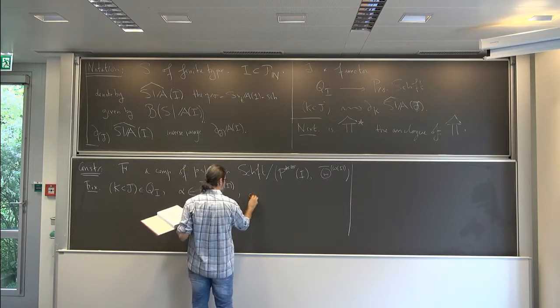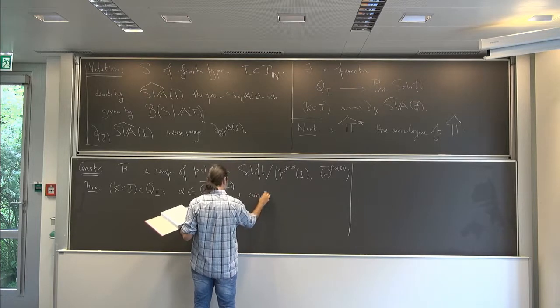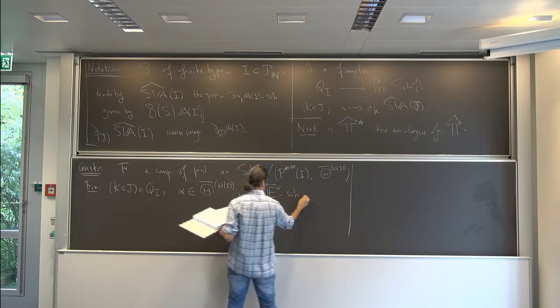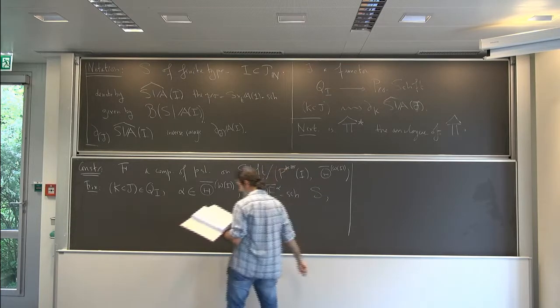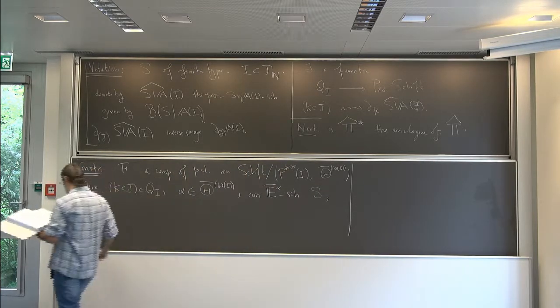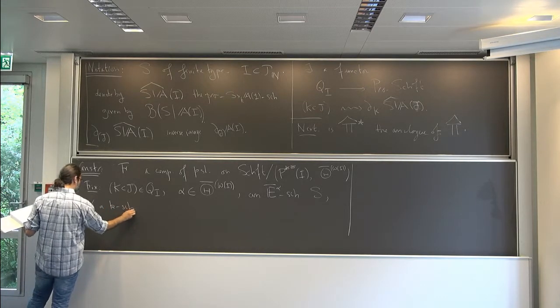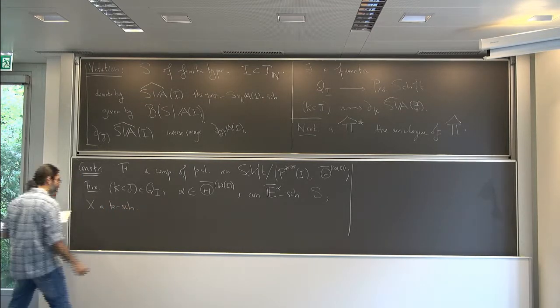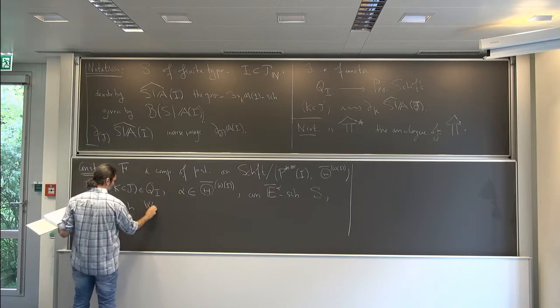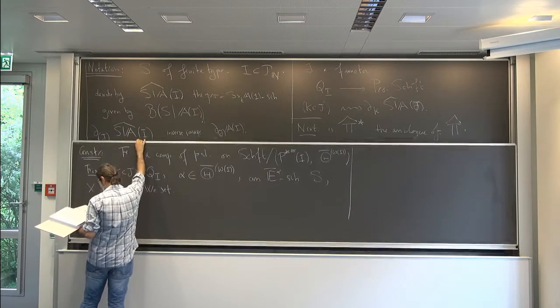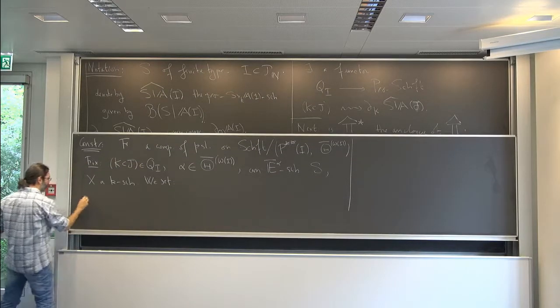Take an E bar alpha scheme of finite type S, and X a K scheme of finite type. With this we set the following. I define the complex, which I denote by phi.